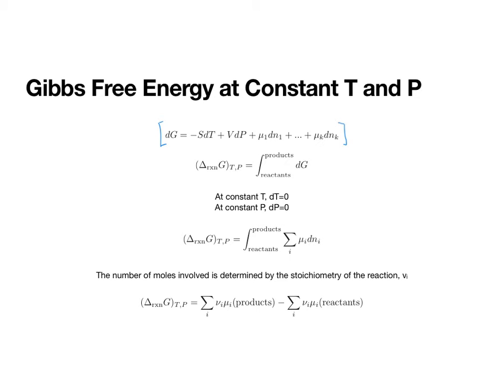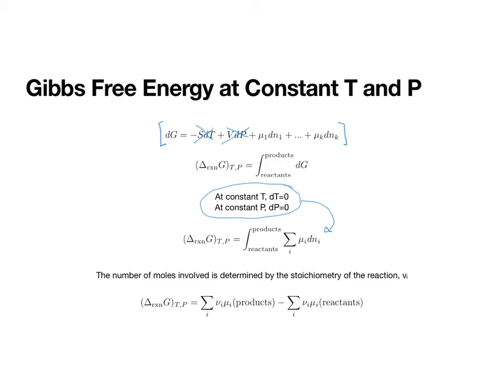But if we are working at constant temperature and constant pressure, this dT is 0, and this dP is 0. And so what we find is that delta G is equal to this integral of this sum over the mu dNs.